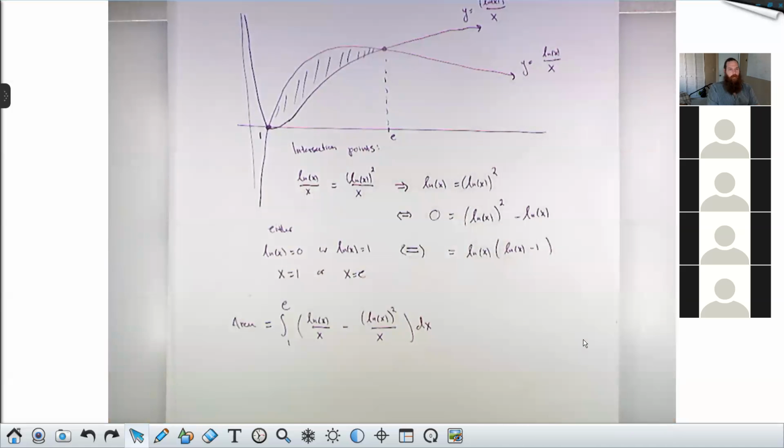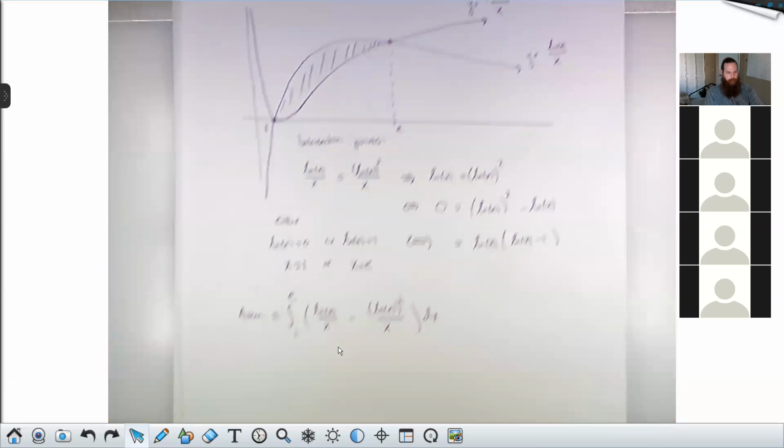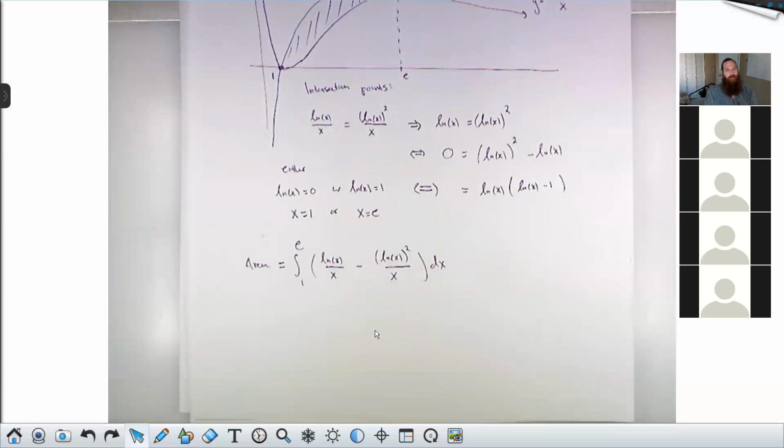And this makes for a good integral to round up the day because it requires some substitution. So how do we calculate that integral?